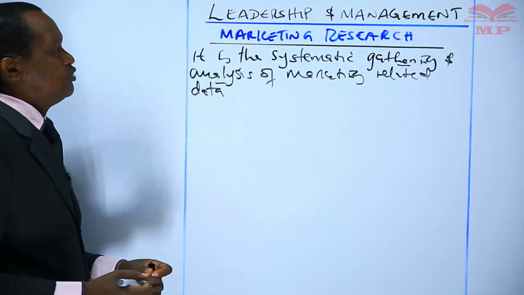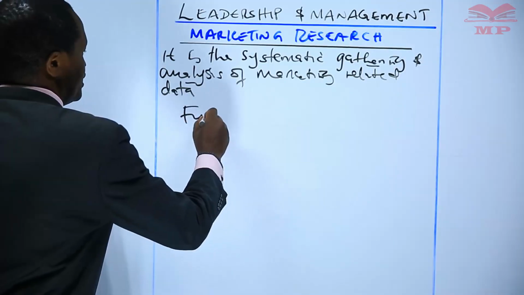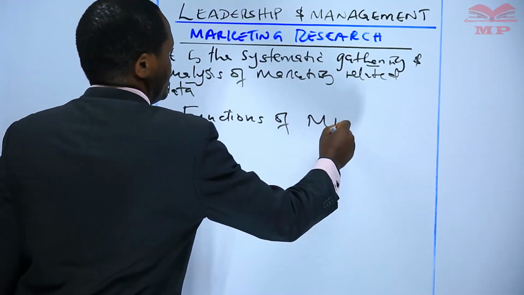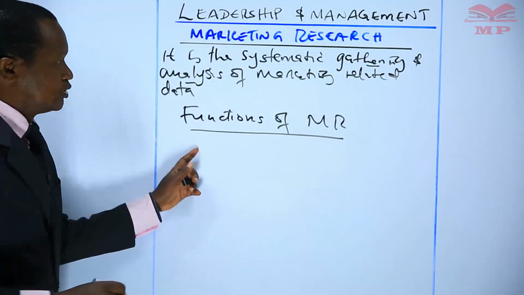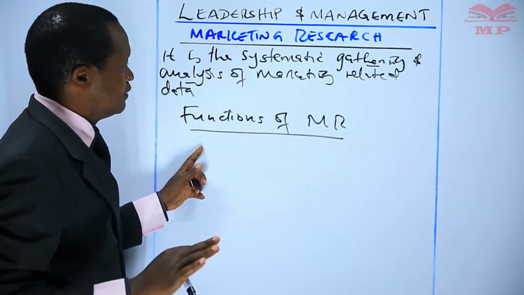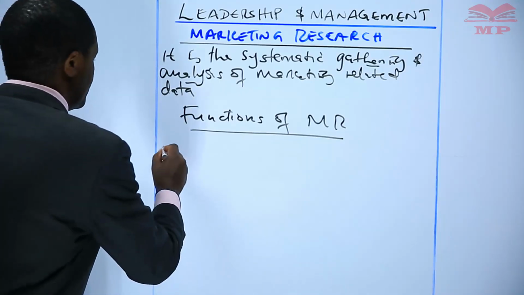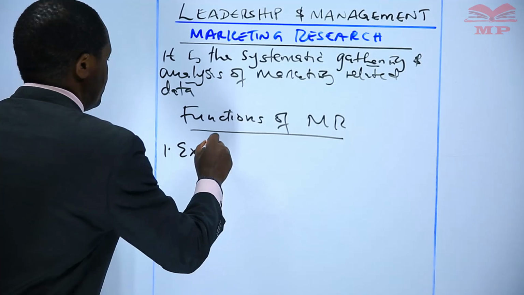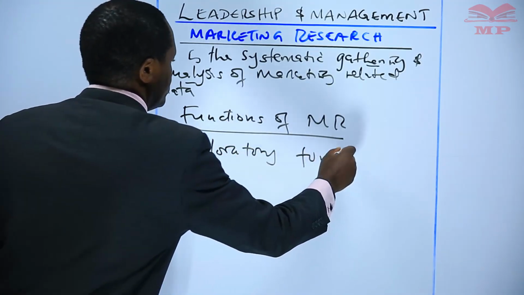We'll now outline the functions of marketing research. And in our today's session, we will discuss 4 functions of marketing research. The first function is known as the exploratory function.